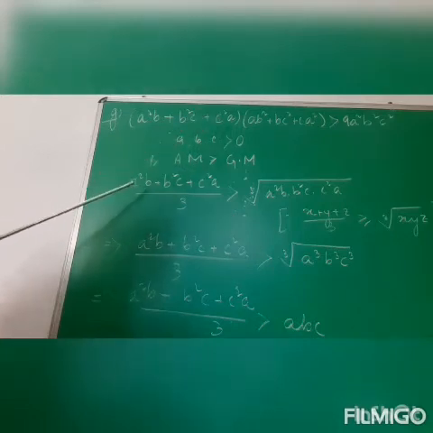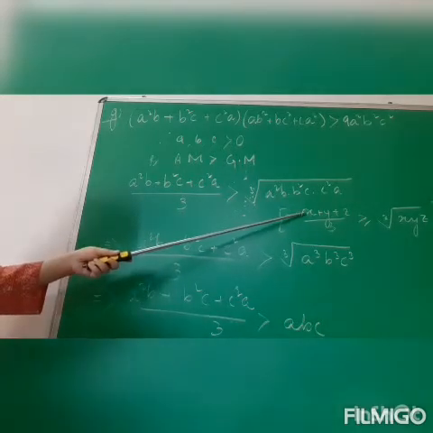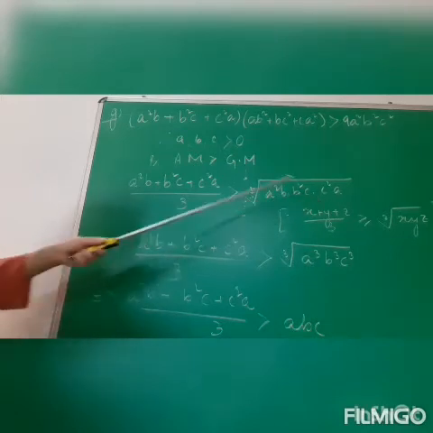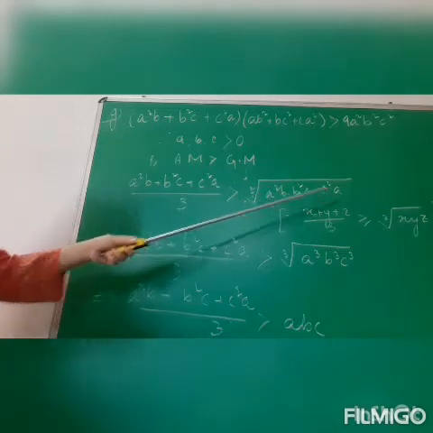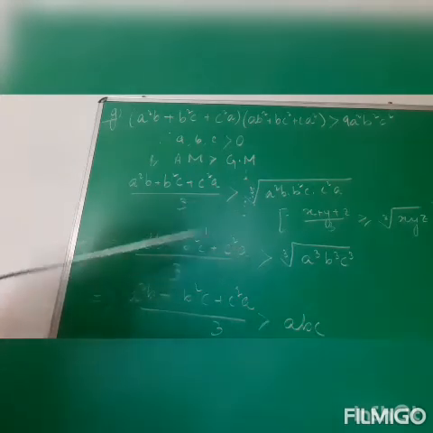So I have considered here (a²b + b²c + c²a) divided by 3 terms. Again, the geometric mean will be the cube root of a²b into b²c into c²a. Now, (a²b + b²c + c²a) by 3 will remain as it is.